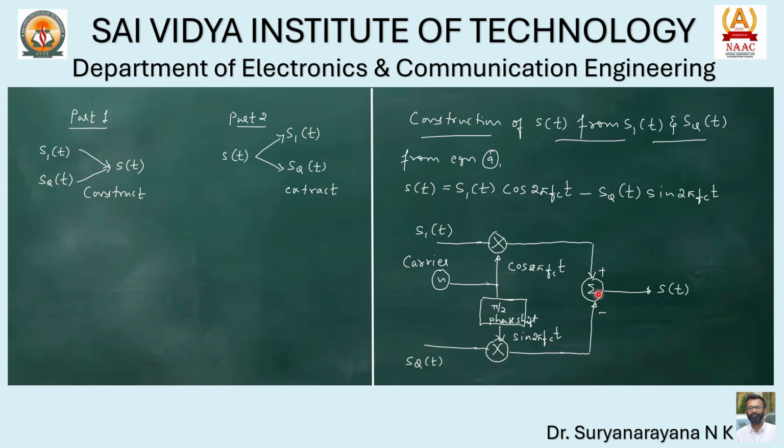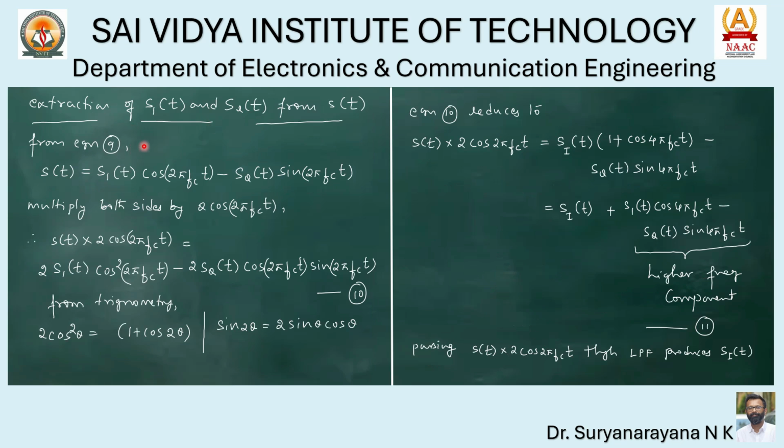Here we have a summer, so you are going to get the expression S of t. In a similar way, if in-phase and quadrature components are given, you can get S of t. In a similar way, we can extract in-phase and quadrature components from S of t.